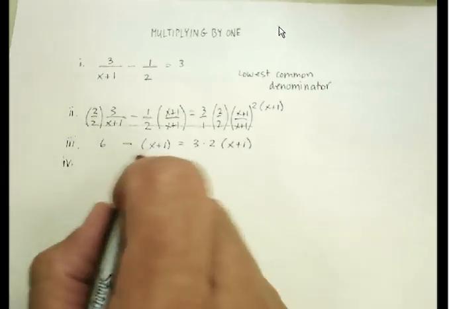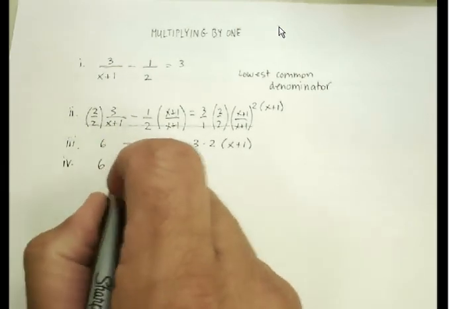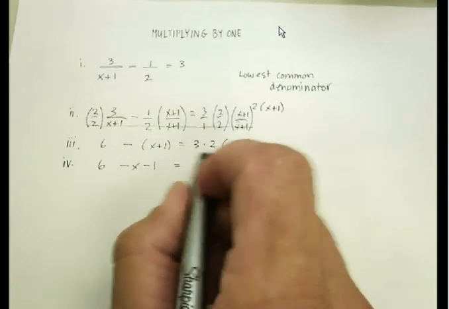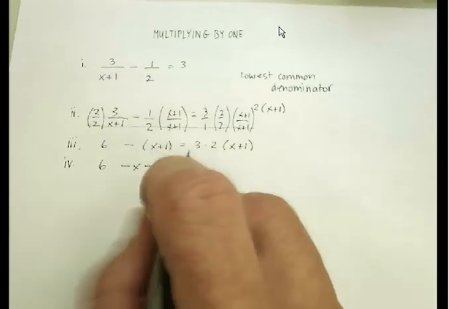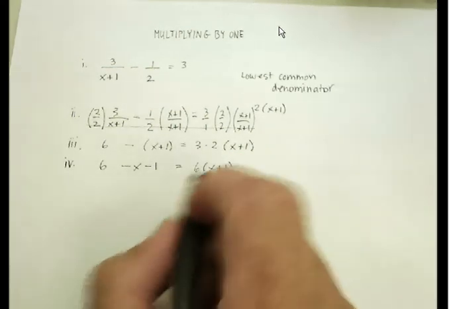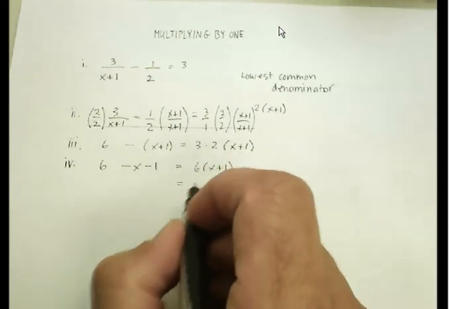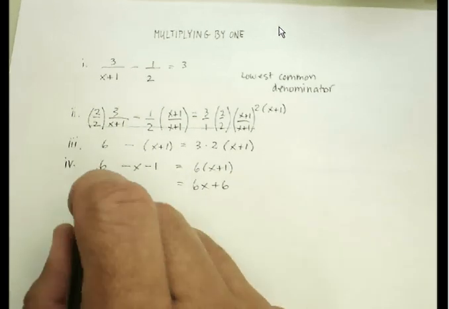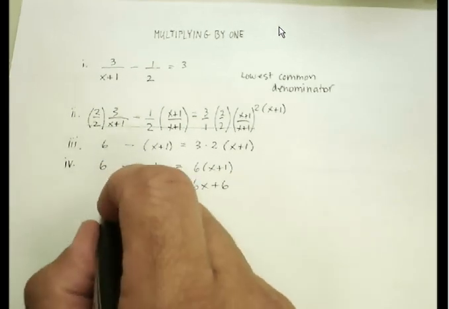Let's go ahead and distribute that -1. Let's multiply this. I'll get 6. Let's keep on going. Let's distribute that 6. Let's subtract that 1 from that.